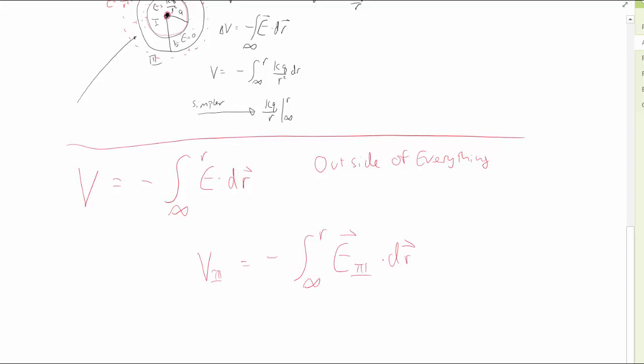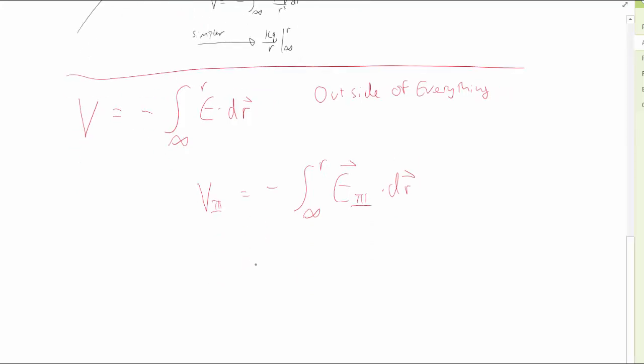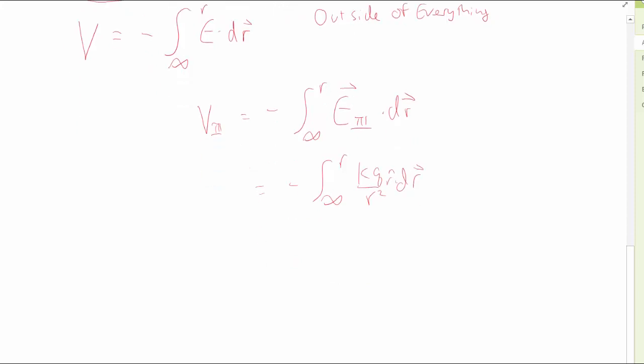I'm just integrating against the field where I'm at. And say, okay, well, that's good old-fashioned KQ over R squared, dr, R hat, and with a little bit of math, KQ over R.